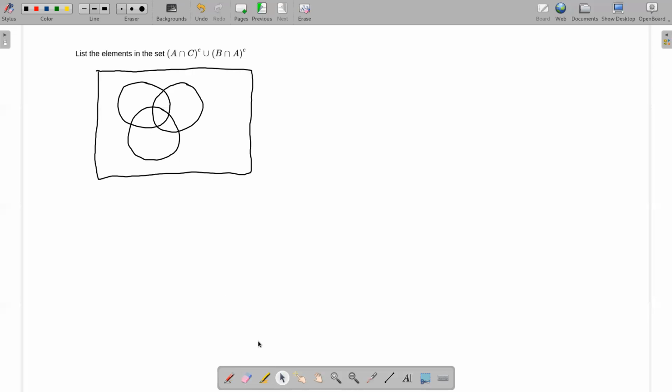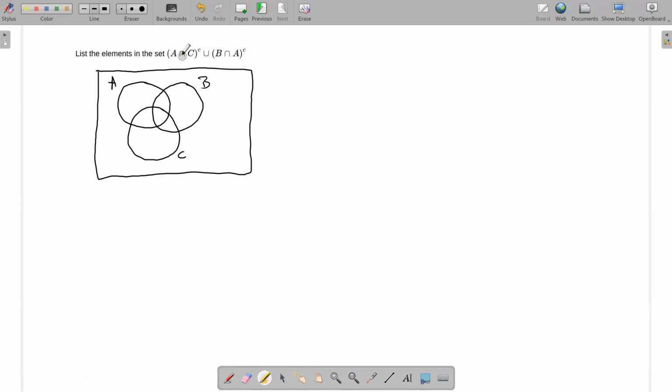All right. So similar to before, I'm just going to look at the picture and figure out what A intersect C looks like, and then its complement, what B intersect A looks like and its complement, and then what the union looks like. So I'm going to use a highlighter to do some of this.